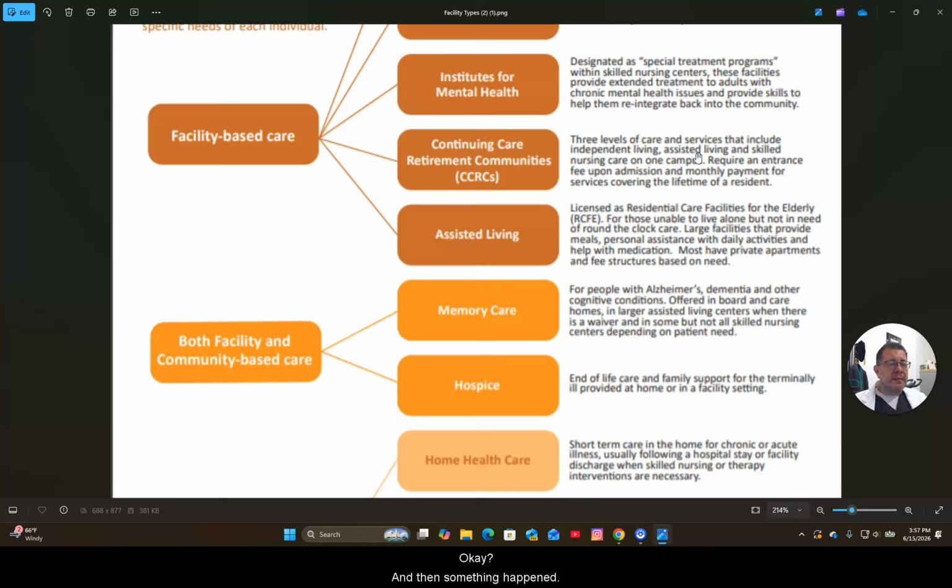And then something happened. You fell and you broke your hip. Oh my goodness. So now let's say you're 70, 75. You don't have to be 70, 75 to break a hip. You could do that at any age. But now you're in the skilled nursing care. Okay. And so you're recovering, hopefully, to go back to assisted living.